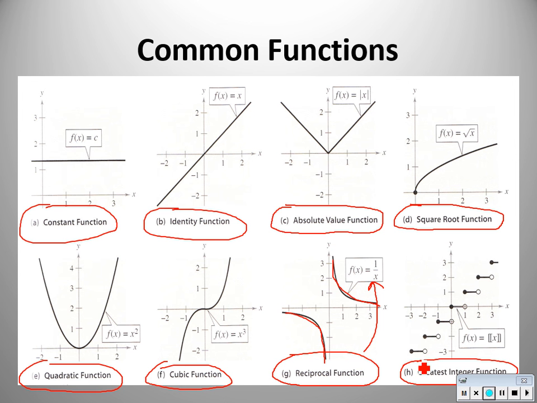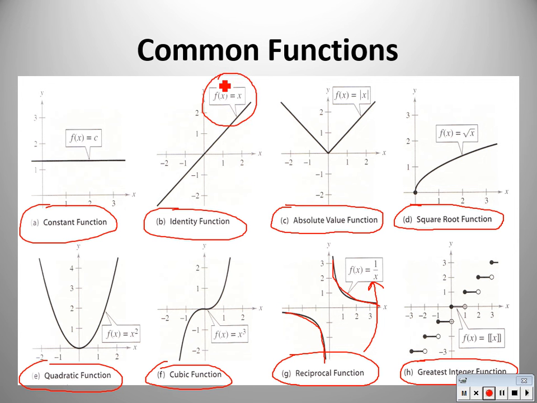So one of the things that you want to attempt to do with each one of these common functions is basically three things. One is you want to make sure that you know the shape of each of the graphs, the name of each of the graphs, constant function, identity function, things like that, and the equation that's associated with those shapes and those names.